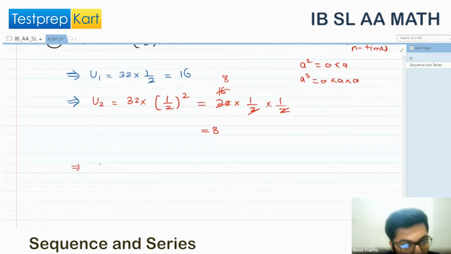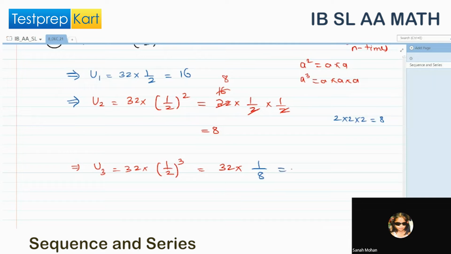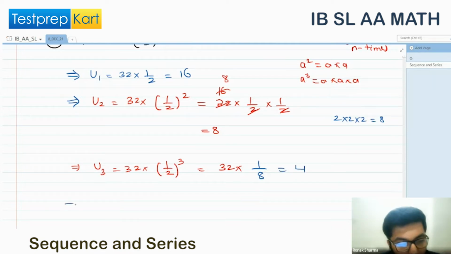Then u3, 32 into 1 by 2 cube. So I can see that this will become 1 by 2 into 1 by 2 into 1 by 2. I know that 2 into 2 into 2 is 8. So this will become 1 by 8, right? This will become 4. Similarly, u4 will be 32 into 1 by 2 power 4.